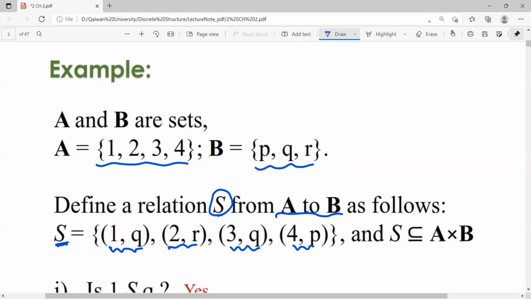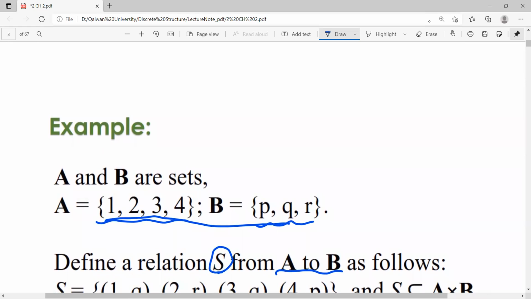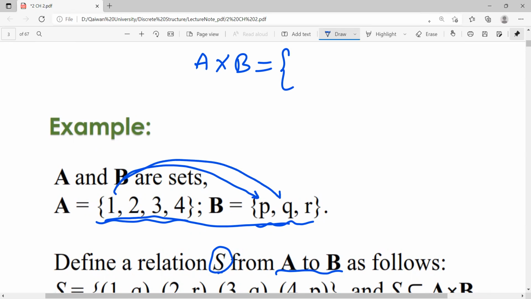Here, if you find the cross product of these 2 sets, let's see what we get. The cross product of A and B, we say A cross B equals. It equals what? Each of these members should relate to all members of the other set. That means we have 1P, 1Q, 1R.